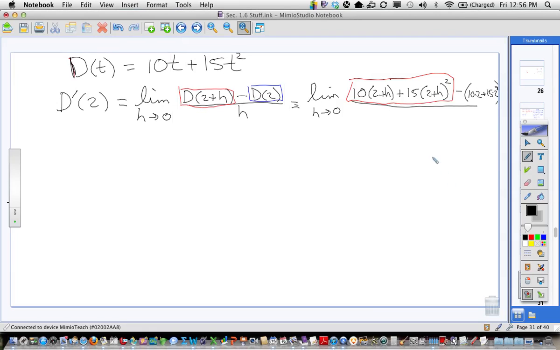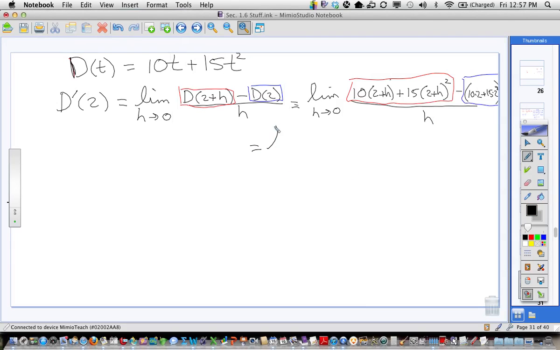Kind of misjudged how much room I have. That is the blue part. And I put those colors in just because I find people doing the first one and getting all caught up in d of 2 plus h, and then they forget that there's more to go. All right? They write out the first of it, they don't write out the last of it. And that's really important to get it all. And then, of course, the bottom is just h.